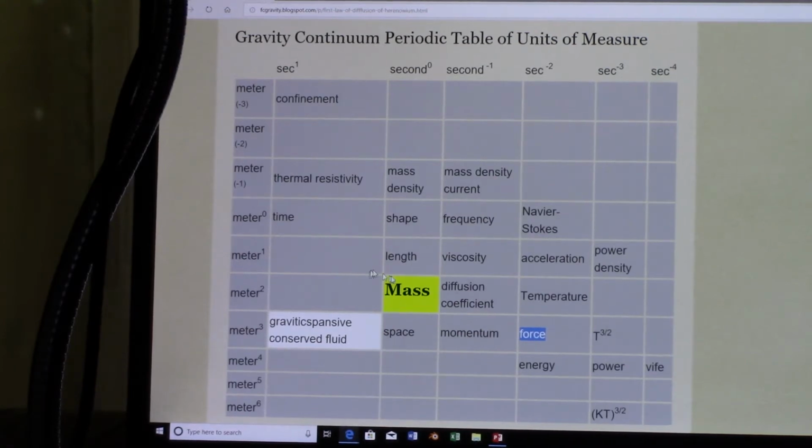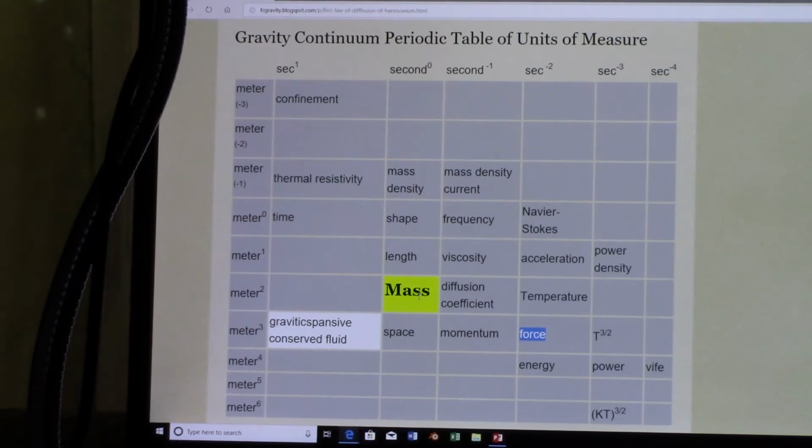And here we see a table in which mass is shown in a row of square meters and a column of seconds to the 0 power. So we see the horizontal axis has the time powers, and the vertical axis has the distance powers. So mass equals area, square meters.